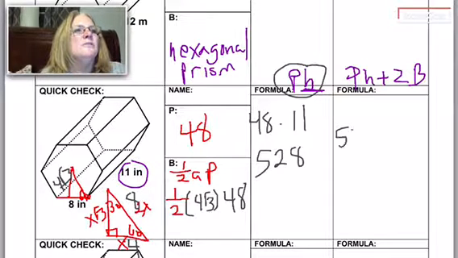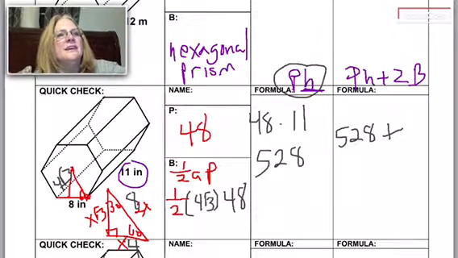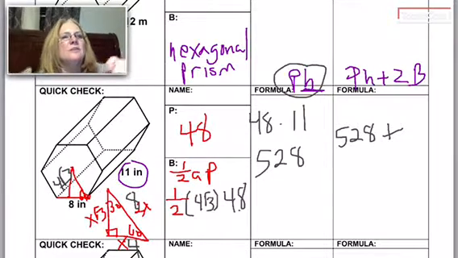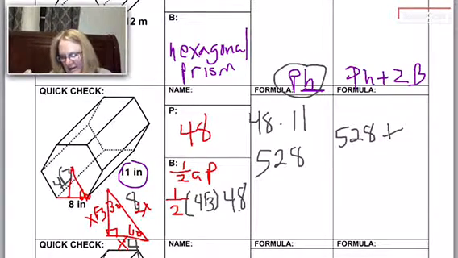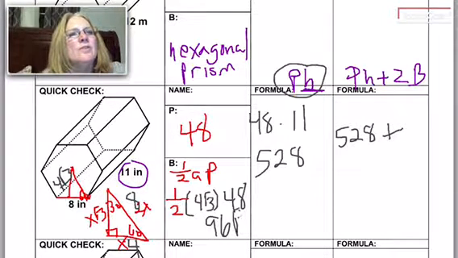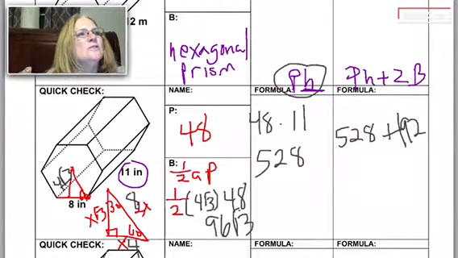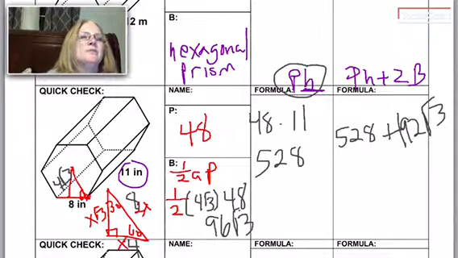And then this will be 528 plus 2 times the area of the base. And this is 48 times 4 times 1/2, or 48 times 2 is 96 square root of 3. So 2 of those is plus 192 square root of 3. And that is your final answer. You cannot add those. They are not like terms.